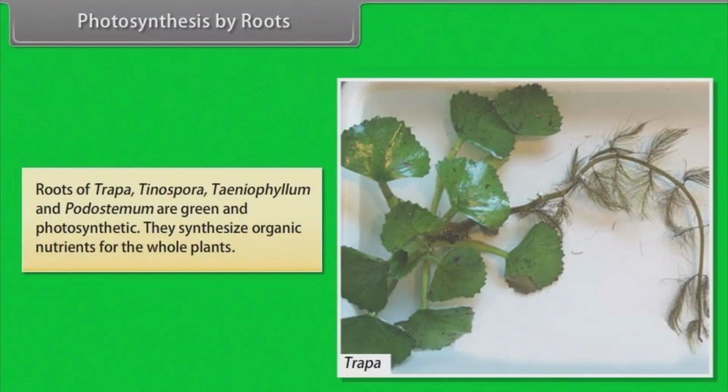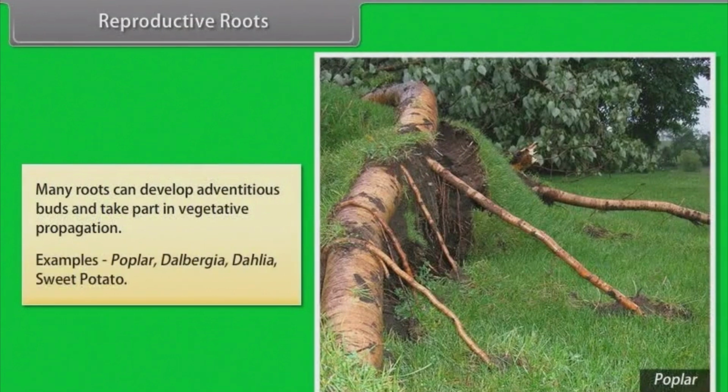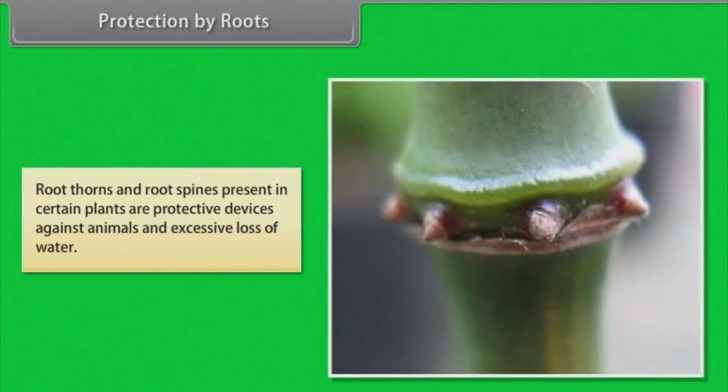They synthesize organic nutrients for the whole plants. Reproductive roots. Many roots can develop adventitious buds and take part in vegetative propagation. Example: poplar, Dalbergia, dahlia, sweet potato. Protection by roots. Root thorns and root spines present in certain plants are protective devices against animals and excessive loss of water.